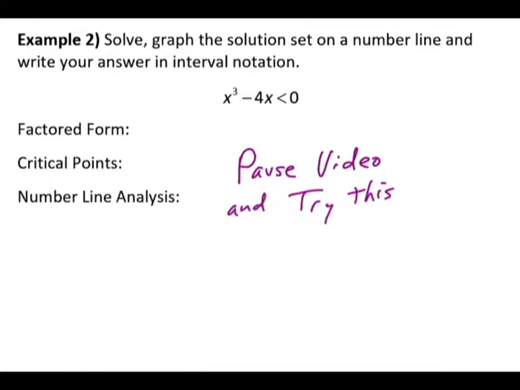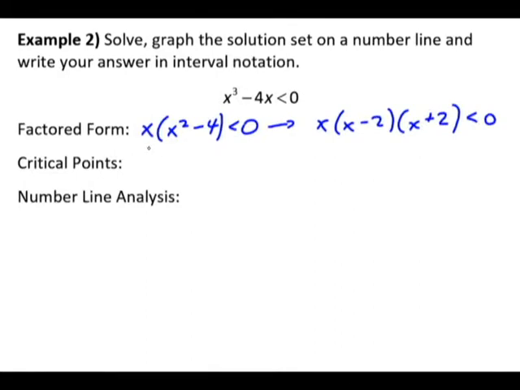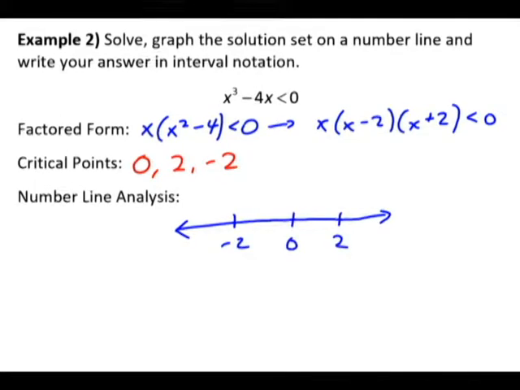Here's my solution. When we factor out an x, we're left with the difference of squares, and so we get 3 factors. Our critical points are the zeros, and so we have 0, 2, and negative 2. This gives us this number line. The fact that we're using strictly less than means two things.